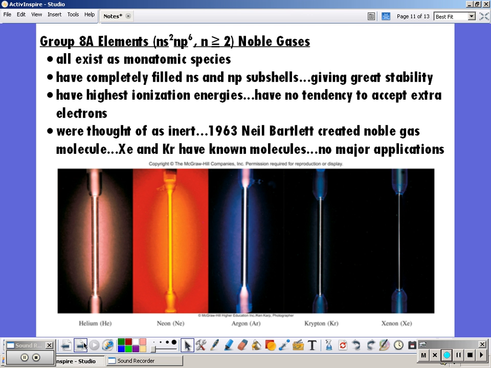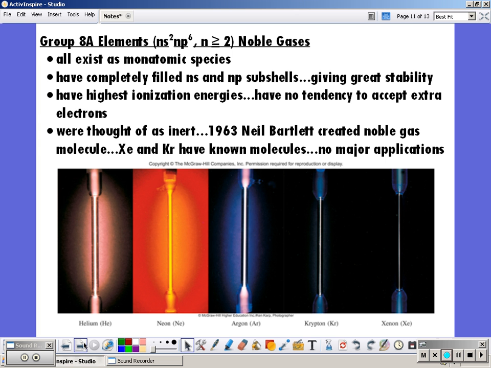They were thought to be inert, and in Chem 1 we do say that they are inert, but actually xenon and krypton can form molecules. So a British scientist, Neil Bartlett, created noble gas molecules with xenon and krypton, but there's actually no major applications in industry for them. So while they can exist, they don't really do anything.